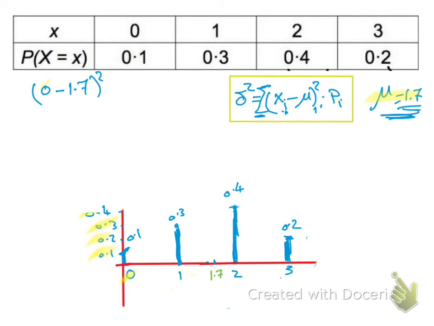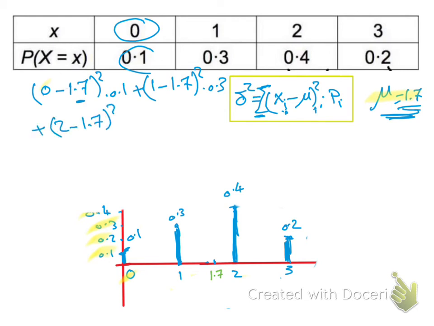So 0 minus the mean 1.7, square, times the probability, which is 0.1, plus 1 minus 1.7, okay, square, times the probability 0.3, and the same thing for the rest, okay, plus 2 minus 1.7 square times, let us put times so we're not confused, times 0.4, the probability, plus 3 minus 1.7 square times the probability, which is 0.2, okay.